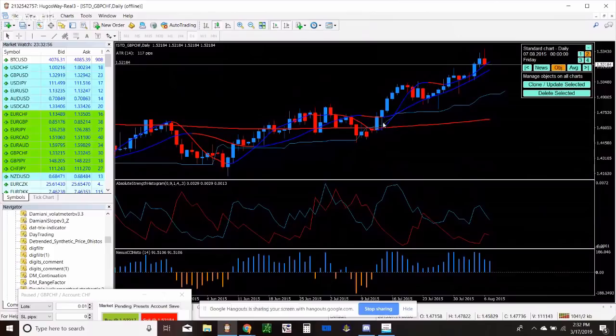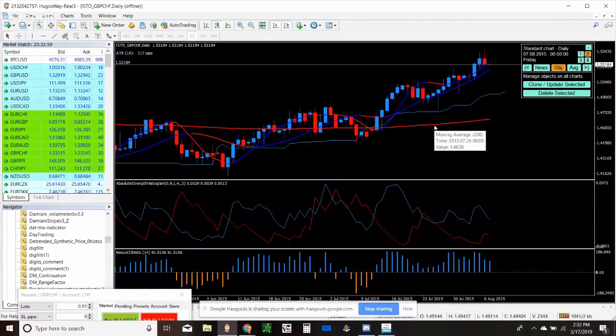If price is above the 200 moving average, it's said to be in an uptrend. If it's below, it's said to be in a downtrend. I personally don't want to take trades against the trend. For example, if price is above the 200 MA, I'm only going to take long trades, just because it's a higher probability and gives you that edge.